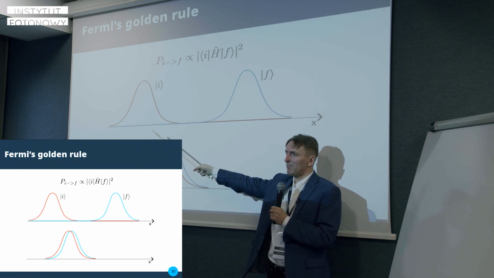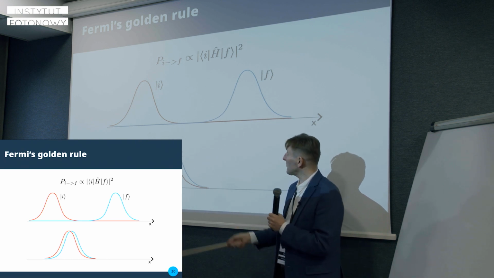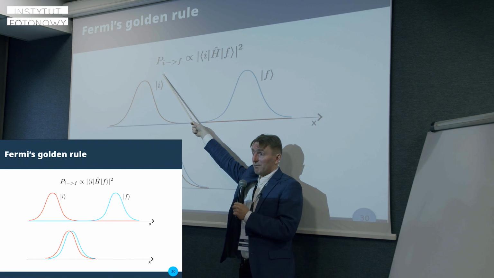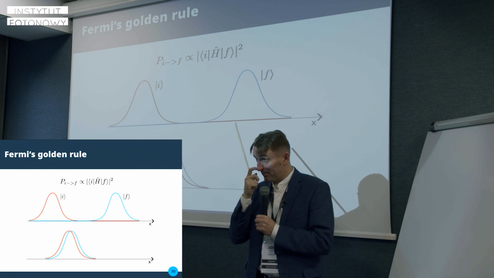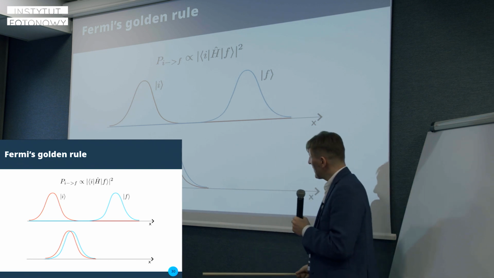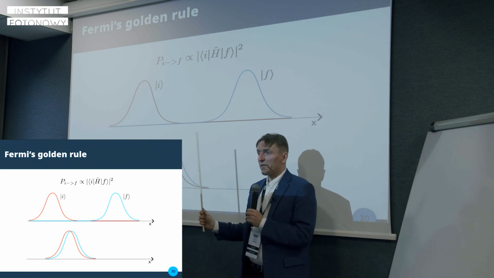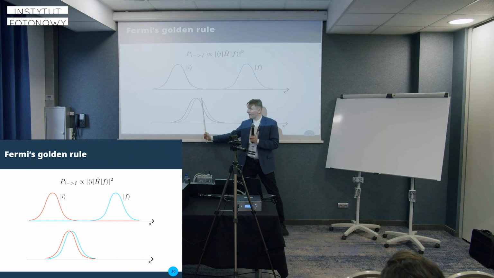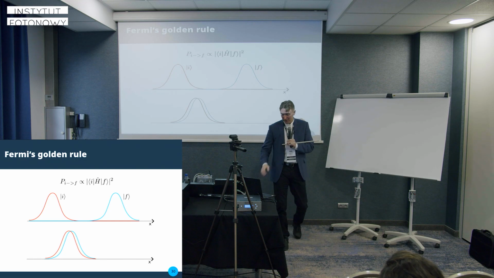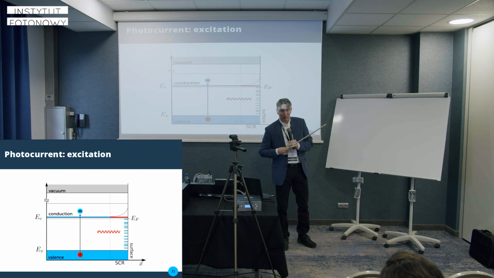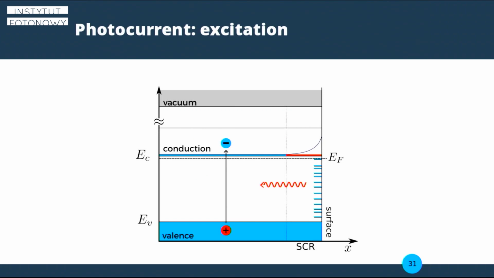So when you multiply them, you will get 0. This probability is 0. It cannot happen. However, if those two wave functions coincide in space, as they do here, there is some non-zero overlap, and this will give you a non-zero probability of transition. So the picture I have shown before usually has very low probability of happening.